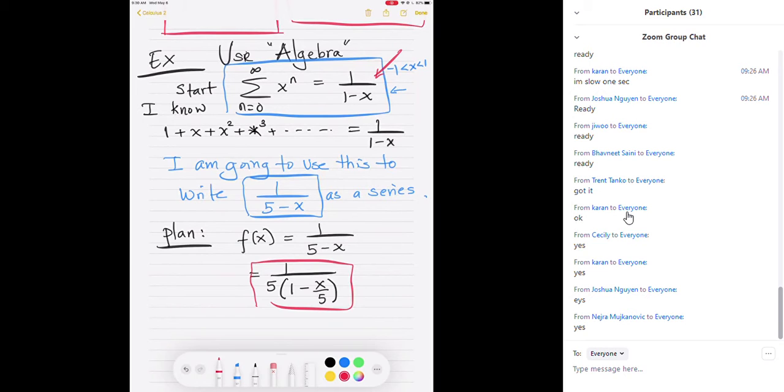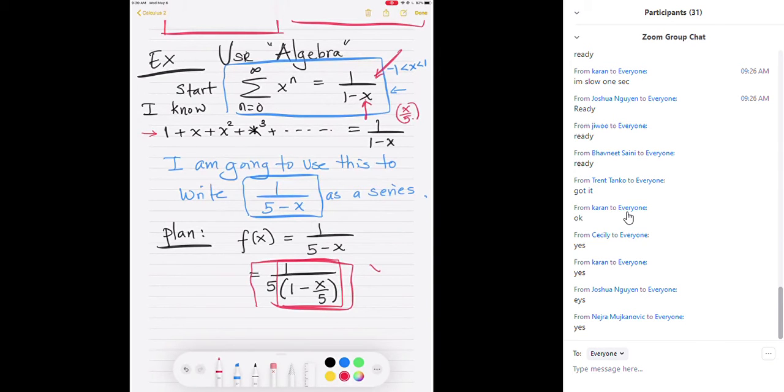So in my model, I'm going to replace this x by x over 5. And then I'm going to get only this part of the function. And then I'm just going to multiply the whole thing by 1/5. Notice what you're saying. So if this is the thing, then this is the thing here, isn't it? So you are replacing x by x over 5.